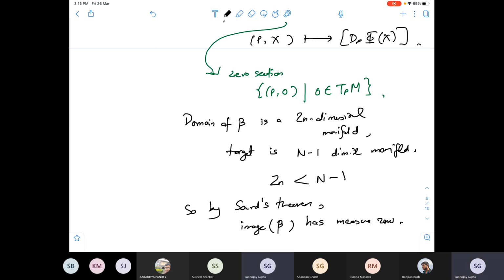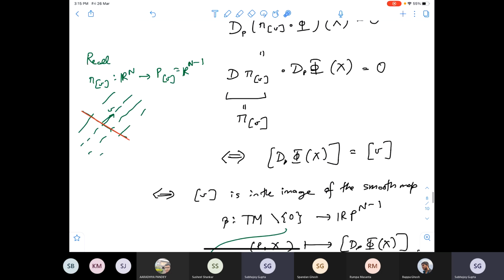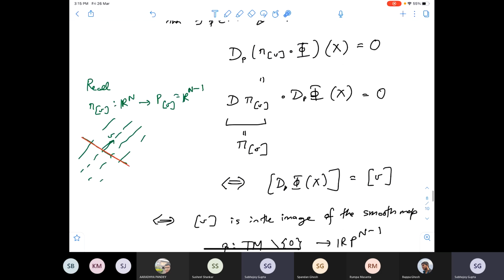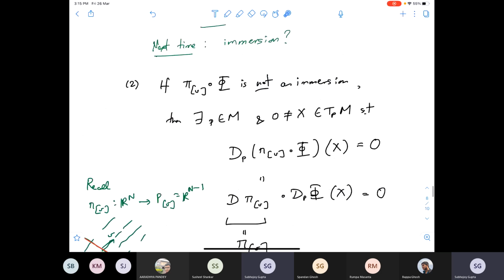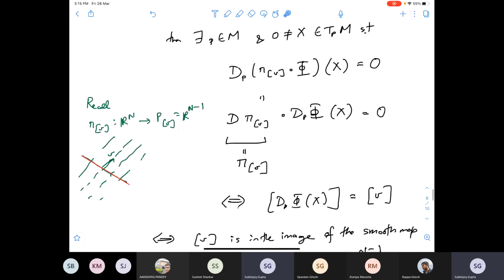And if the image has measure 0, then certainly we can pick some v which is not in the image. For that v, this composition has to be an immersion. So we are using Sard's theorem here.